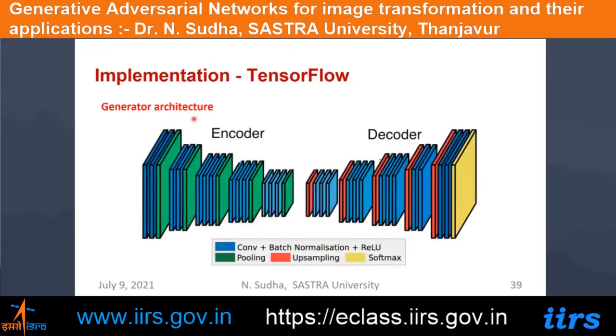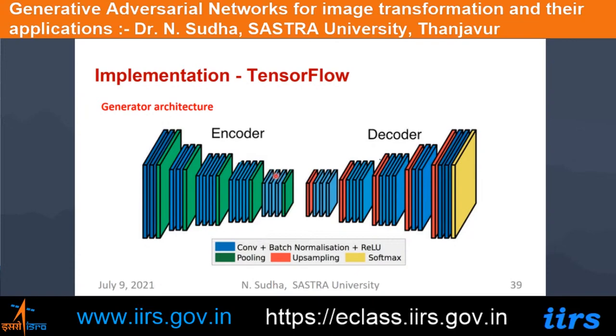And the architecture, because it takes an image as input and outputs an image again, will be an encoder-decoder architecture, where the encoder has downsampling layers, the pooling layers.